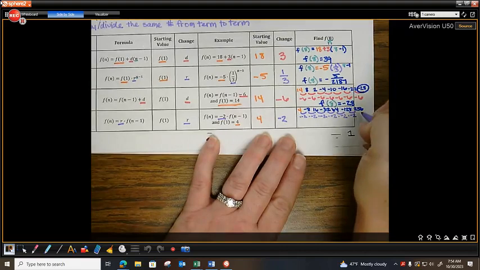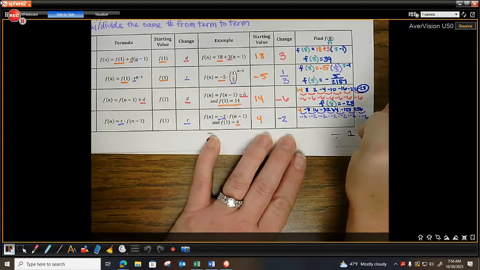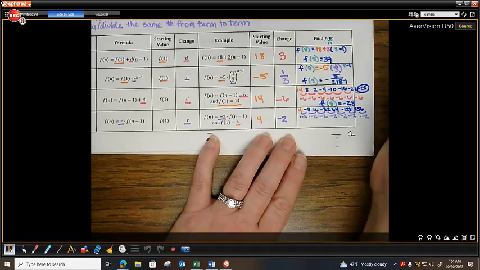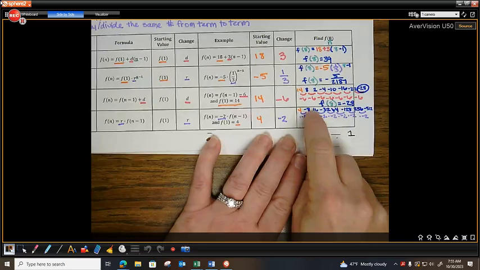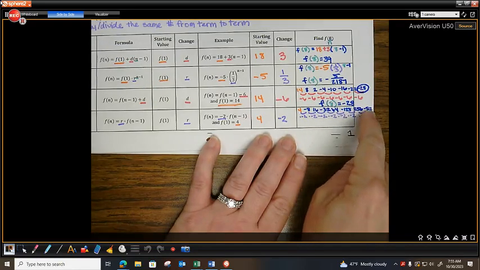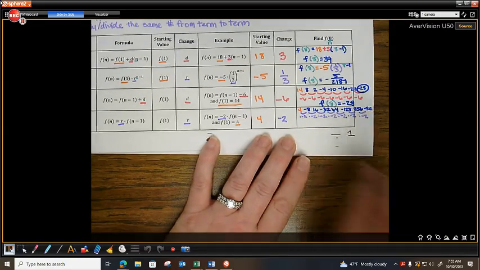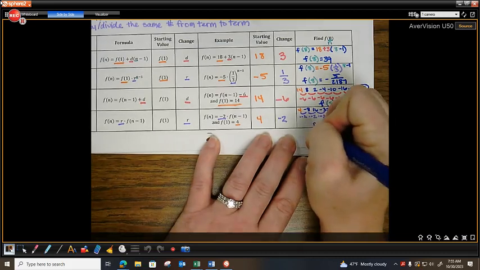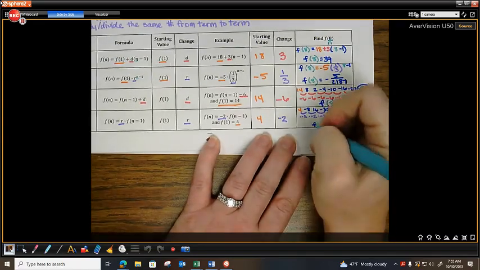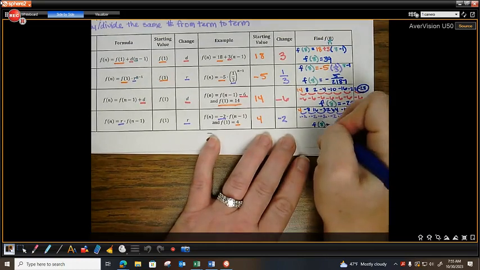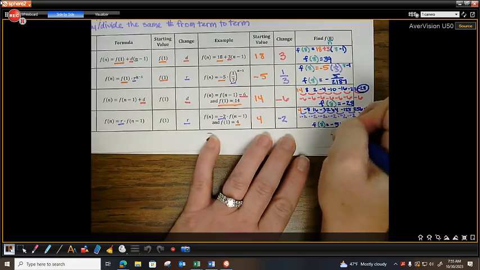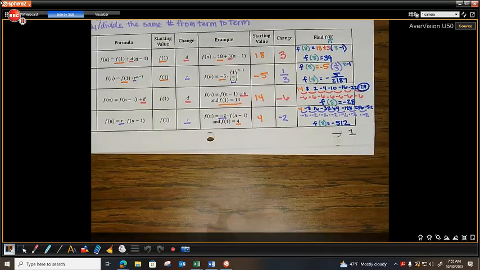And then times negative 2, negative 512. 1, 2, 3, 4, 5, 6, 7, 8. Do I have my 8th term? Yes, so f of 8 equals negative 512. Good?